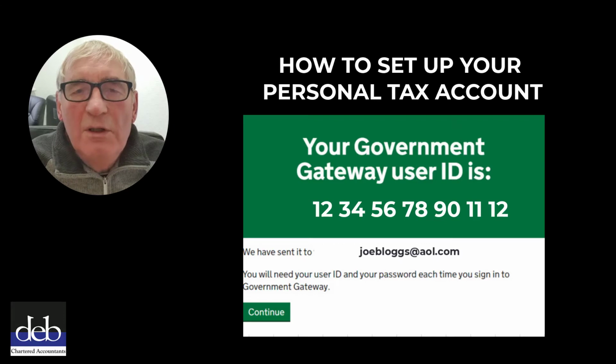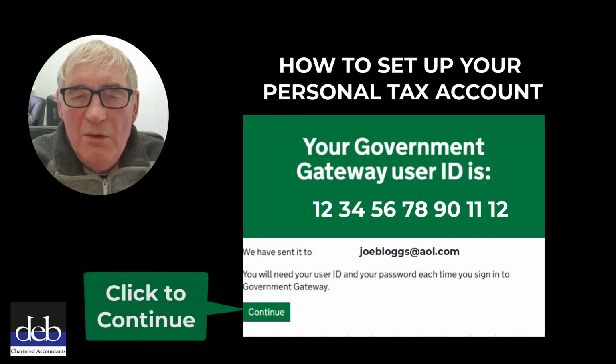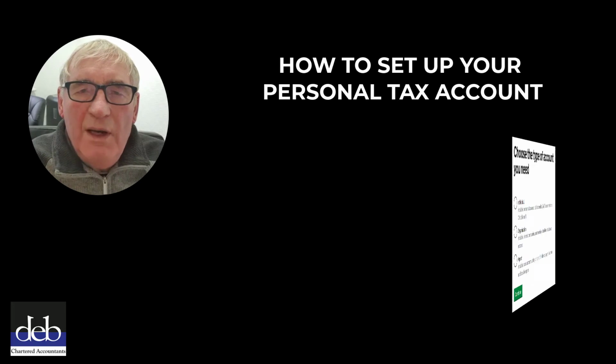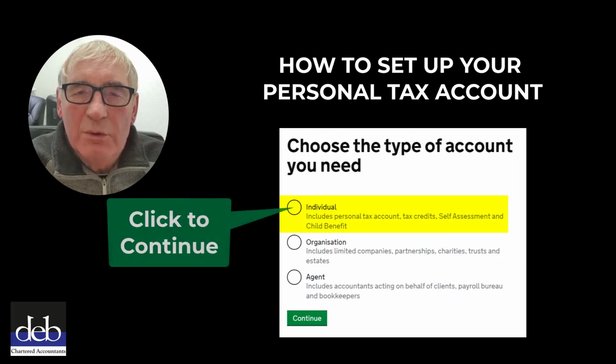On the next page, you are informed what your gateway user ID is. Keep a record of this ID along with your password. You will need both these each time that you want to log in to your tax account. Then click on Continue. On the next screen, tick this box to indicate that you are an individual.